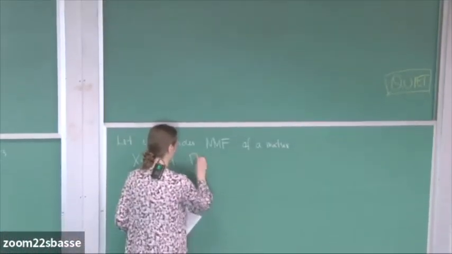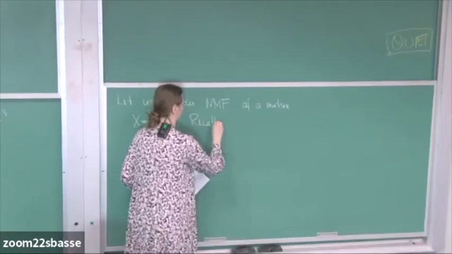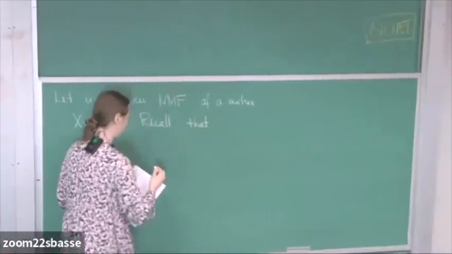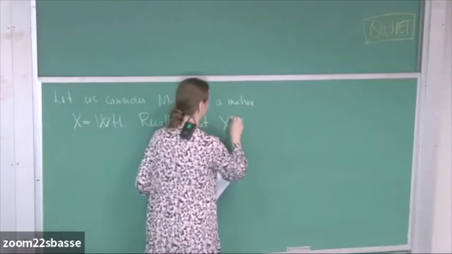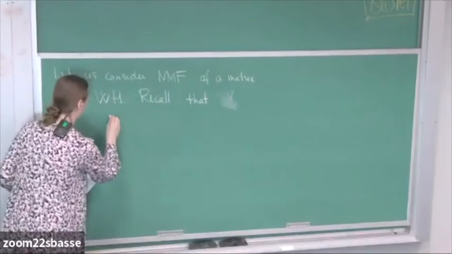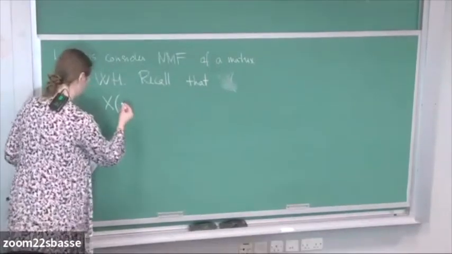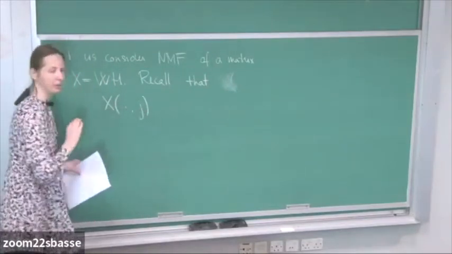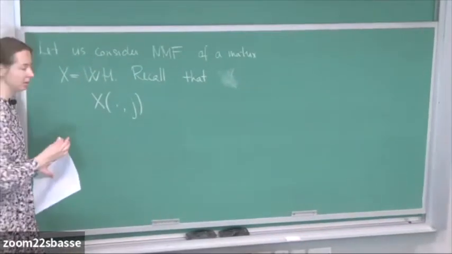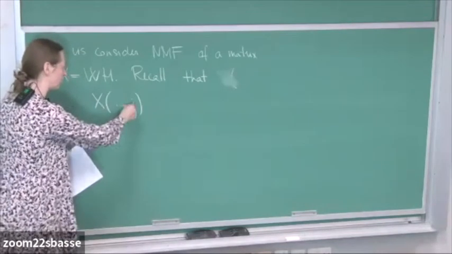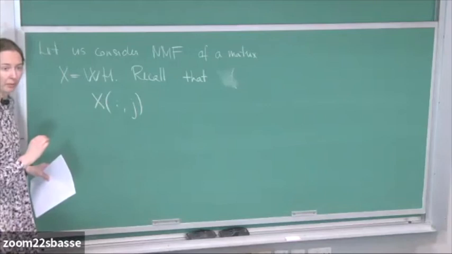And recall that we also had, if we consider a column of X, this notation means I'm considering the j-th column of X. So this means that we consider all the rows and the column is fixed to be j.